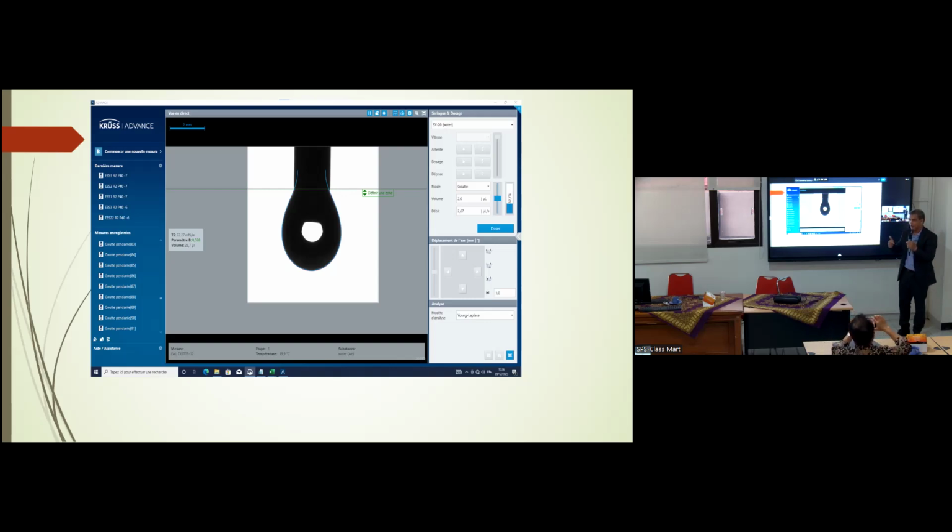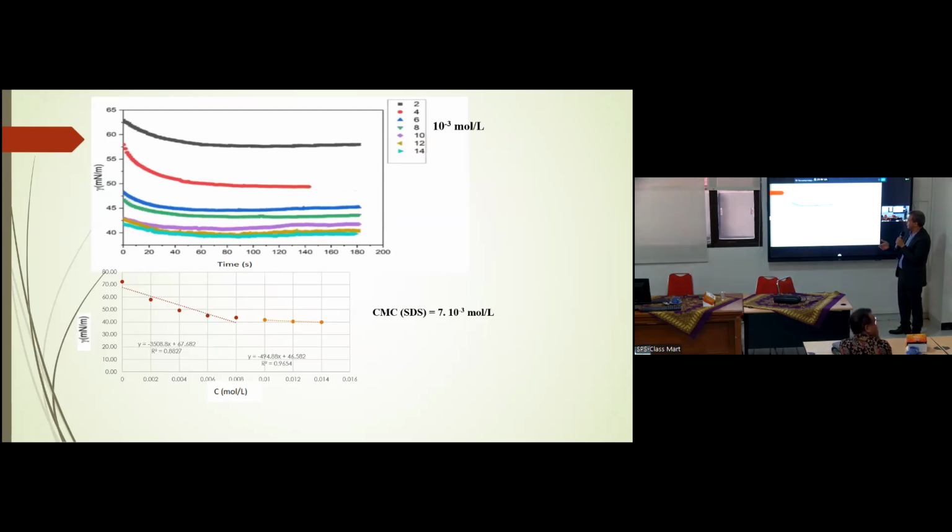If there is surfactant, we have less than 72 millinewton per meter. This is an indication of presence or not of the collector. This is to measure the CMC.